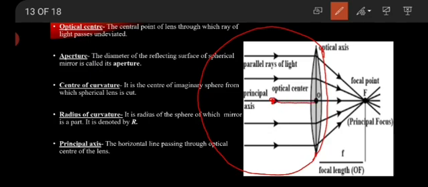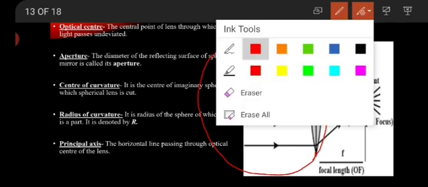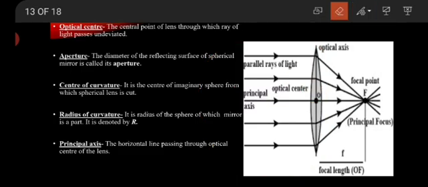The distance between these two is called the radius of curvature, which is denoted by R. Further is the principal axis. Principal axis is nothing but the horizontal line which is passing through the optical center of the lens.